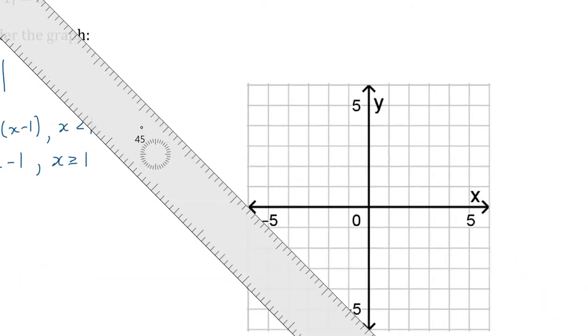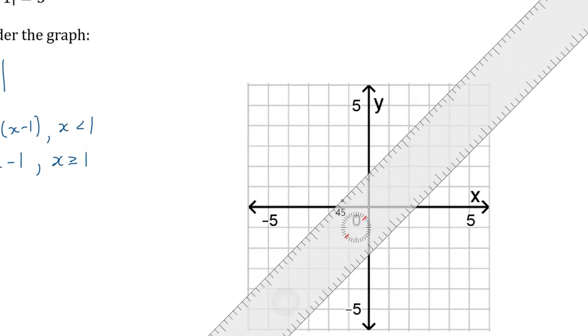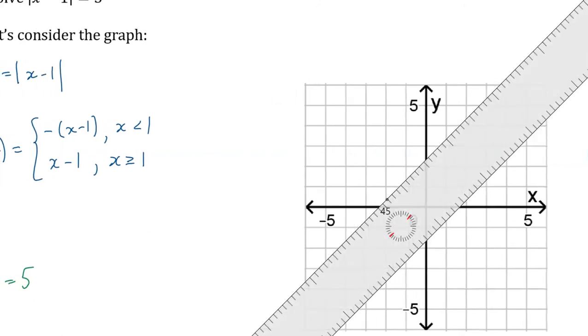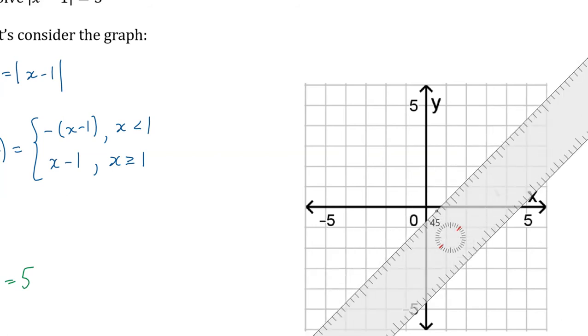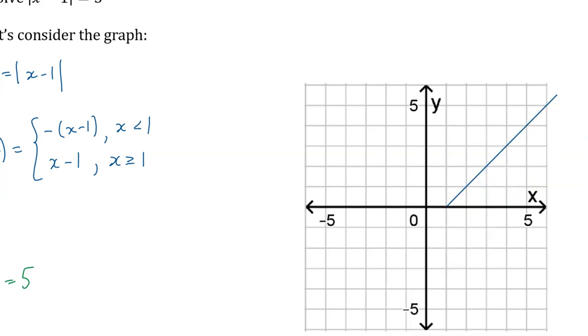Okay, so watch how this works. This function is linear. Y equals x minus 1 has a y-intercept of negative 1 and a slope of 1. Is that right? But I only use that function when x is greater than or equal to 1.